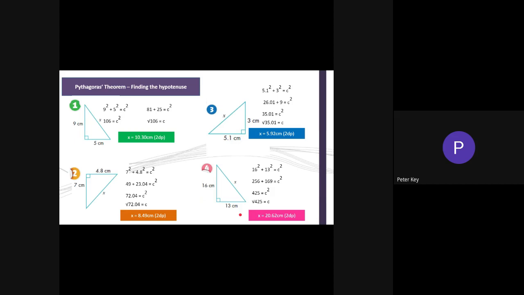So x, or the hypotenuse, would be 20.62 centimeters to 2 decimal places. To 1 decimal place, that would be 20.6.